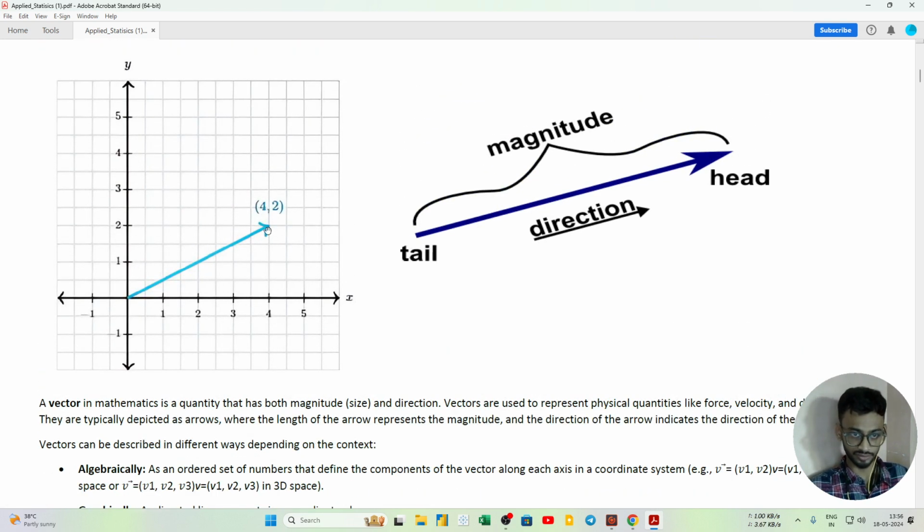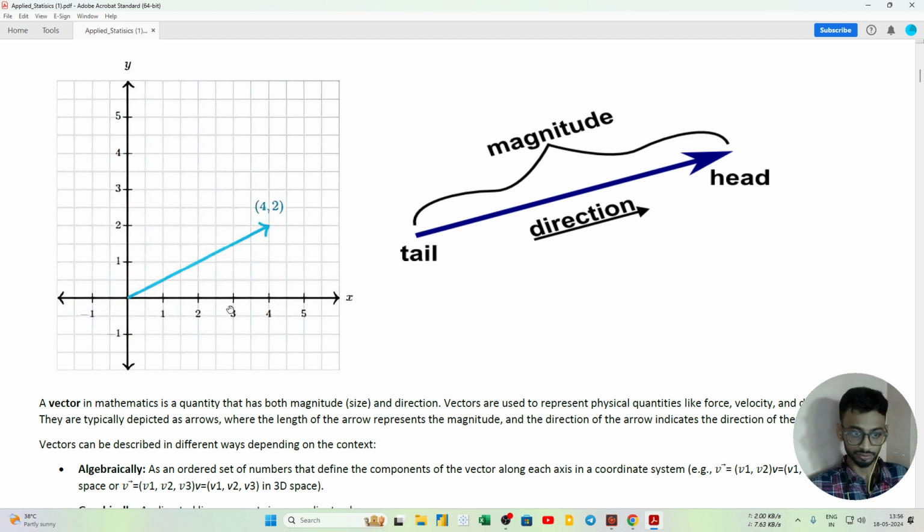As you can see, the vector is a point in a coordinate system, and it originates from the origin. We always assume a vector originates from the origin, which is (0, 0) in 2D, and (0, 0, 0) as the origin for higher dimensions.